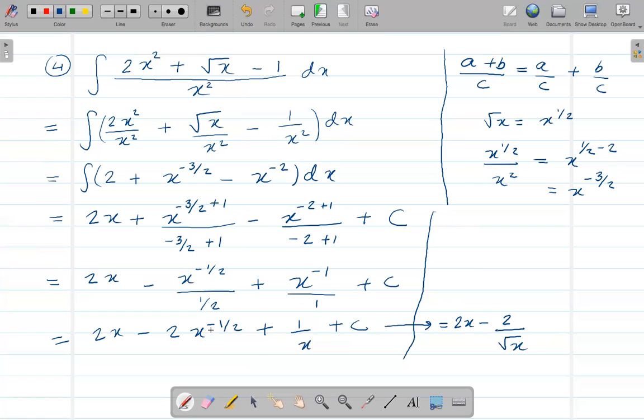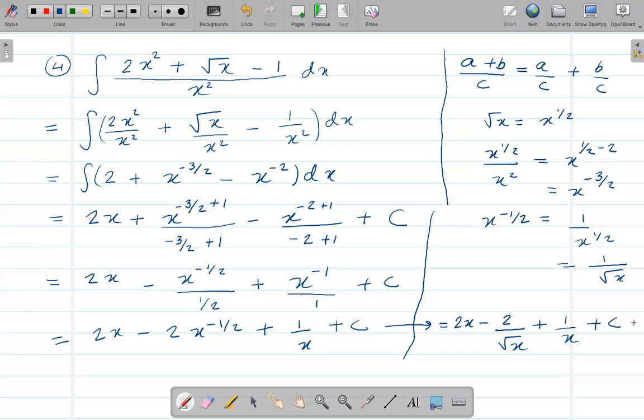If you move this to the bottom, it will be 1 over x to the power positive 1/2, and x to the power 1/2 I can also write as the square root of x. That's why we get 1 over the square root of x. That's what it is from here, now plus 1 over x plus c.